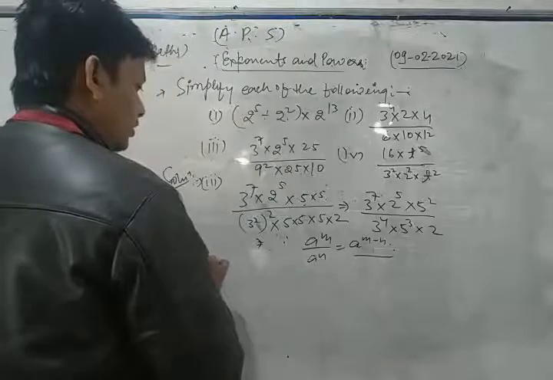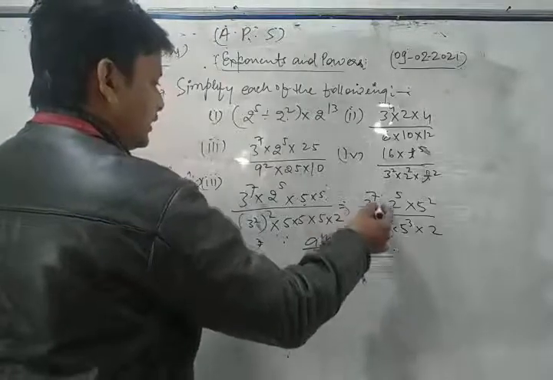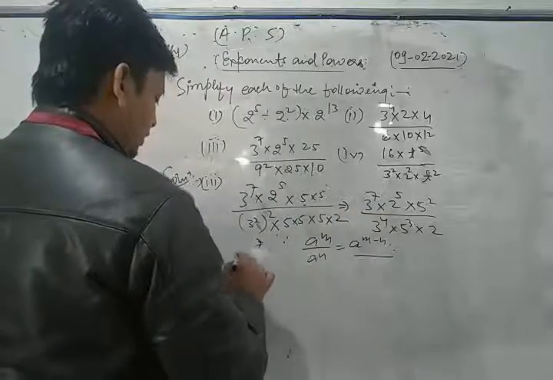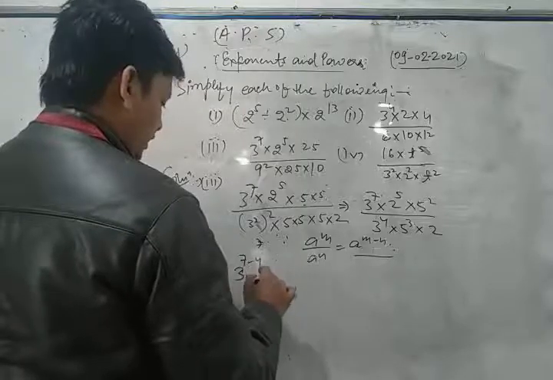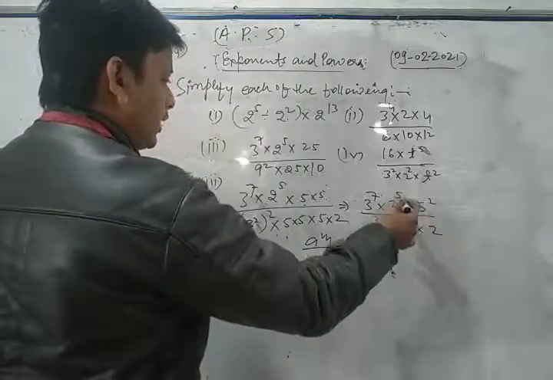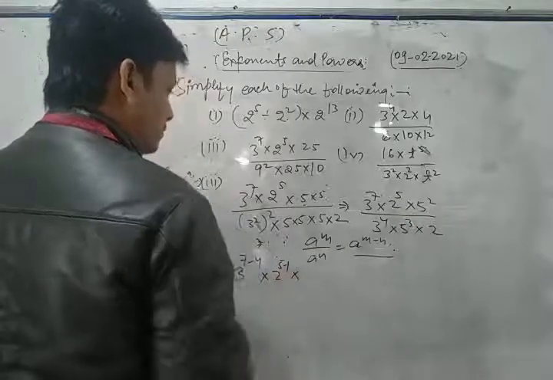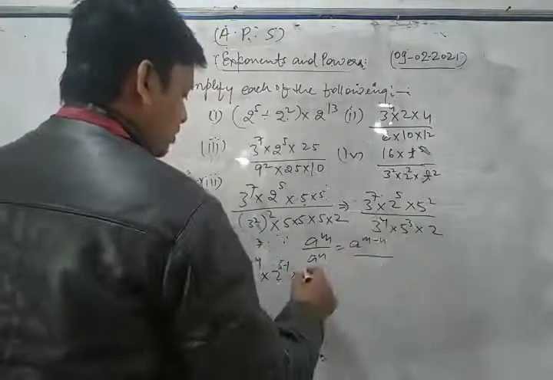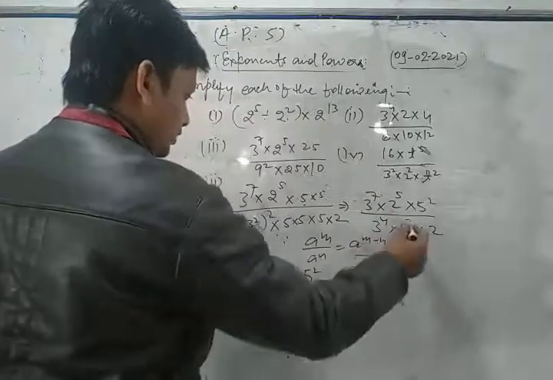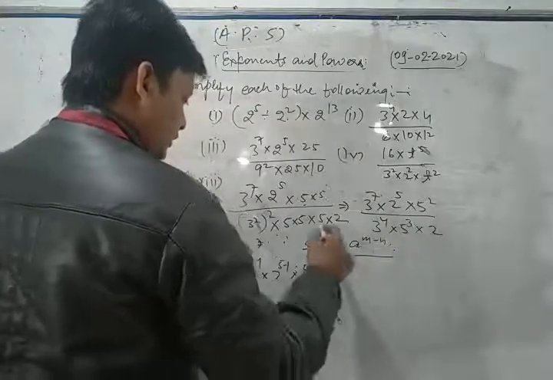Now let's see. 7 this is 4, so we write 3 power 7 minus 4, into here we write 2 power 5 minus 1, and here 5 power 2 minus 3.